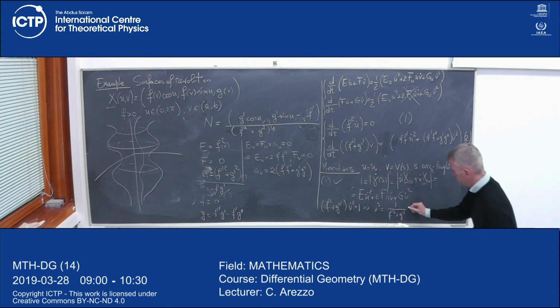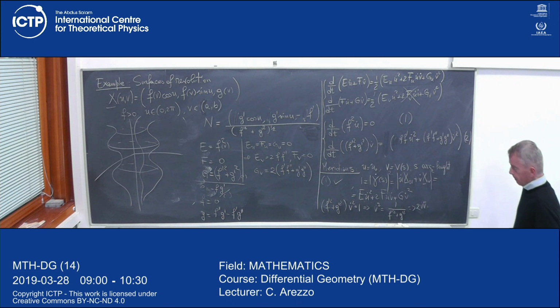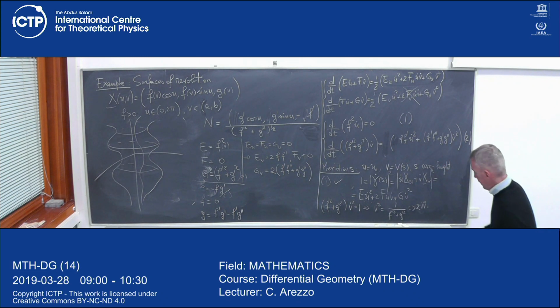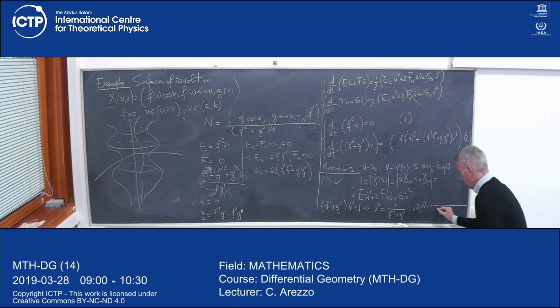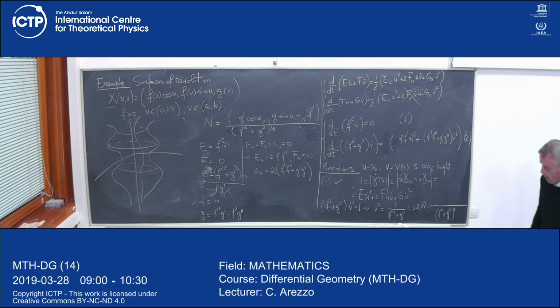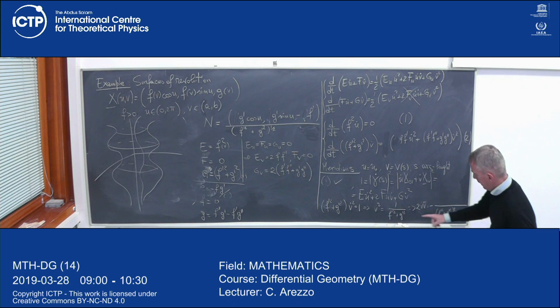So this implies what? That 2 v dot v double dot is equal to minus, on the bottom, f prime squared plus g prime squared, squared. And then on top, what do I get? I get twice f prime f double prime, plus twice g prime g double prime.